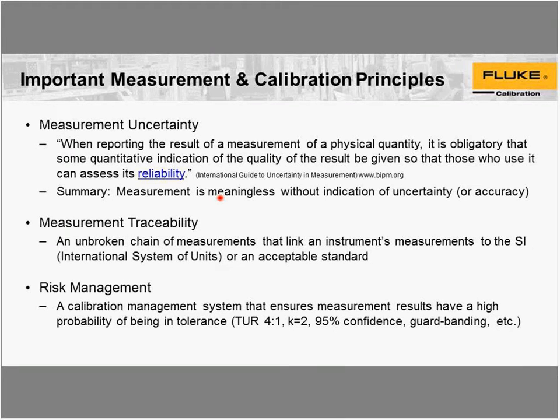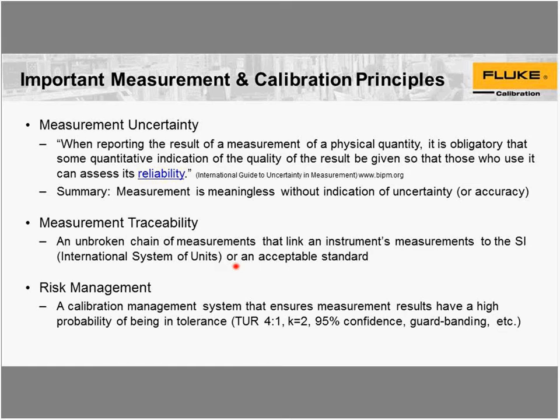And measurement traceability is, as you already know, an unbroken chain of measurements that link an instrument's measurements to the SI, or to your local measurement institute, or an acceptable standard.